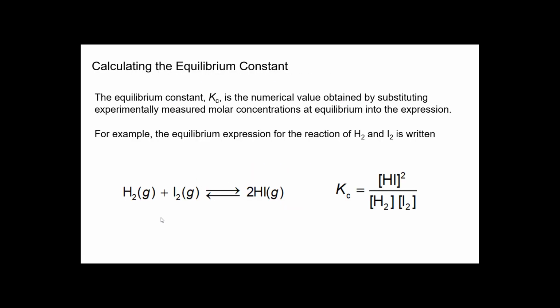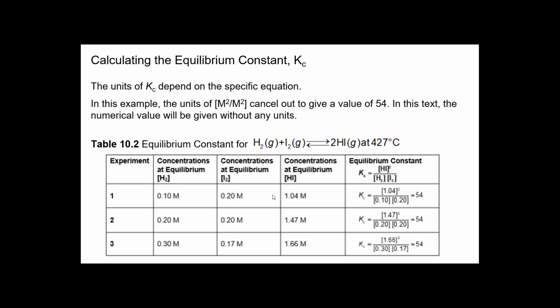Now, we're going to go a step further, and we're going to look at calculating the equilibrium constant. So if we look here, we have a balanced equation, and it's already been filled out with the equilibrium expression. But what if we had plugged in our molar concentrations? So not only given the expression, but given molar concentrations for these to actually plug in to get the equilibrium constant.